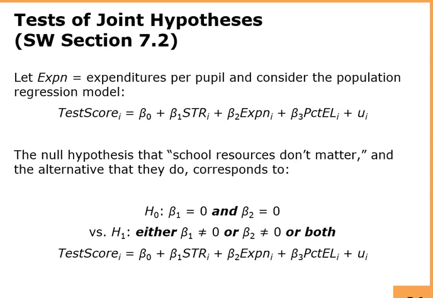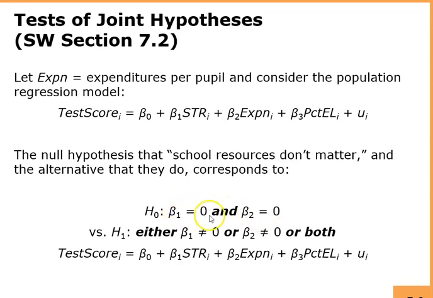So if someone says, I want to test whether school resources matter or not, the null hypothesis will be that school resources don't matter, and the alternative hypothesis will be that school resources matter somewhat or by a lot. How will we write this formally? The null hypothesis will be that beta 1 is equal to 0 and beta 2 is equal to 0.